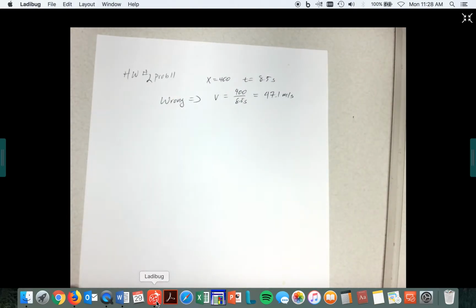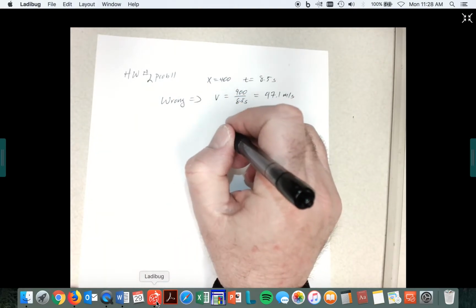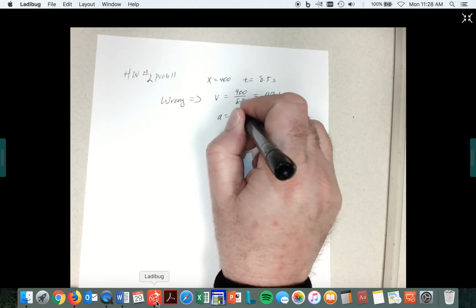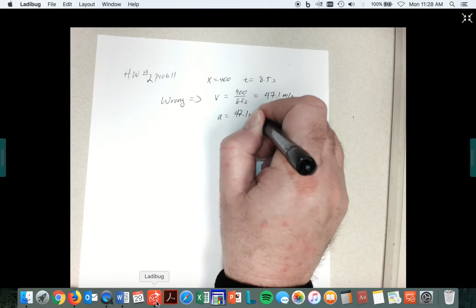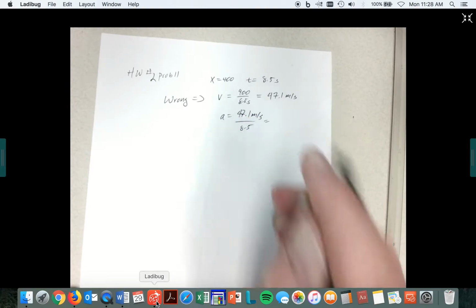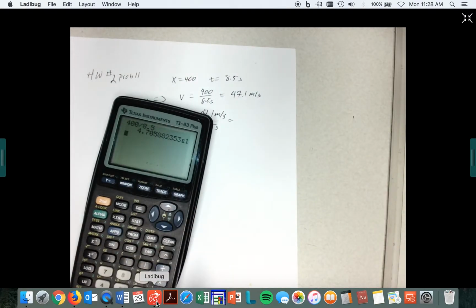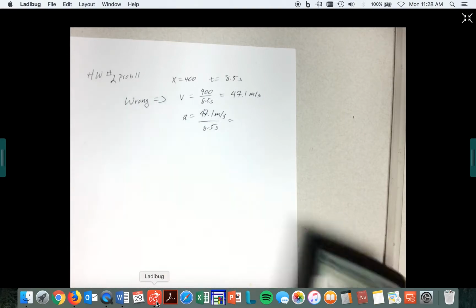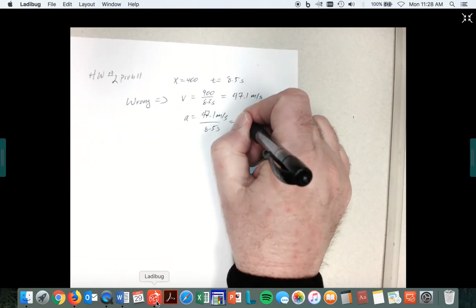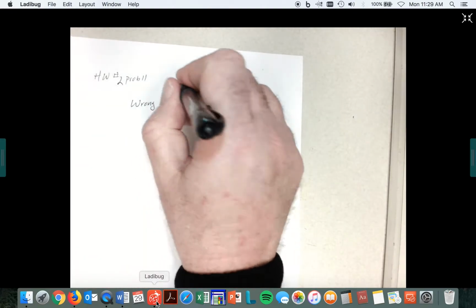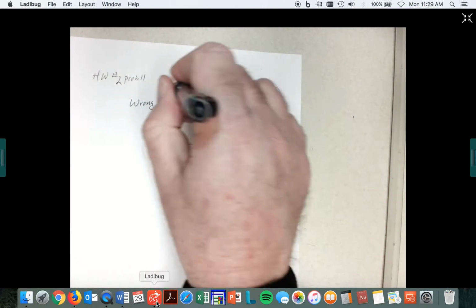And then you say, okay, well then the acceleration would be 47.1 meters per second divided by 8.5 seconds, because I'm going to get meters per second squared. I get 5.53 meters per second squared. That's just wrong. This whole idea is wrong.